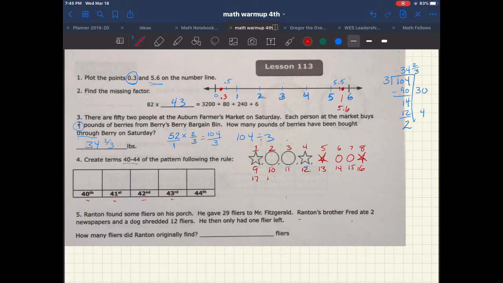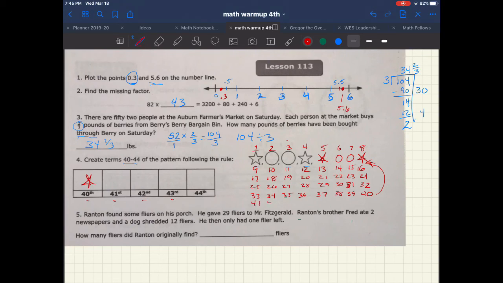So 17 will be back to the star. 18, 19, 20, 21, 22, 23, 24 is a star. 25, 26, 27, 28, 29, 30, 31, 32, we're back to the star. 33, 34, 35, 36, 37, 38, 39, and there's 40. So I know 40 has to be a star.